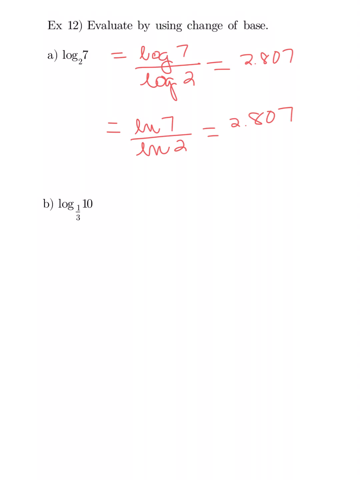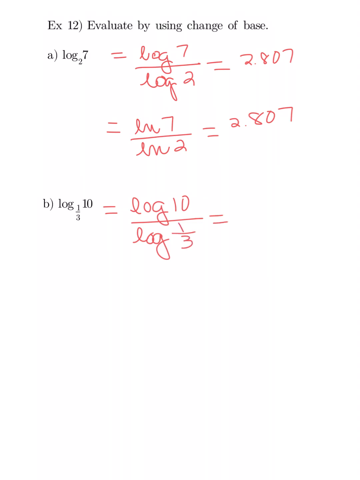On our second example of log base 1/3 of 10, you have your choice. You can do common log or natural log. I'm going to write them both out so you can see what they would look like. With common log, you would have log of the old argument 10 over log of the old base 1/3.